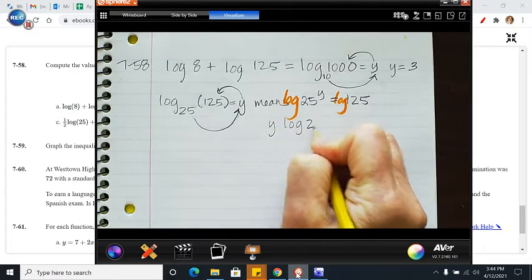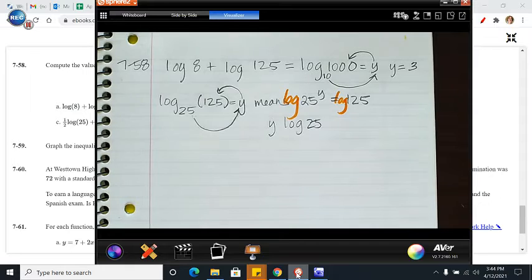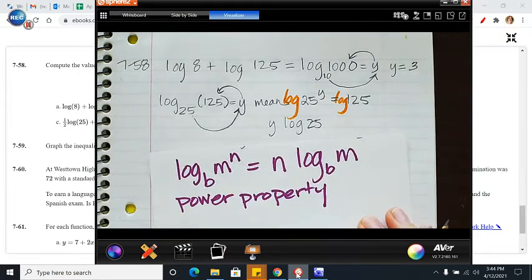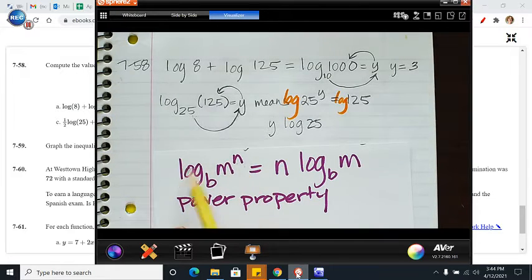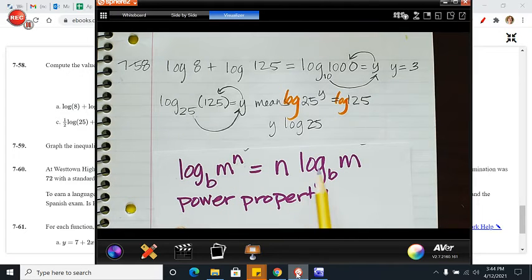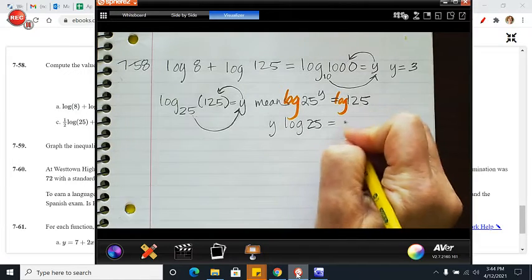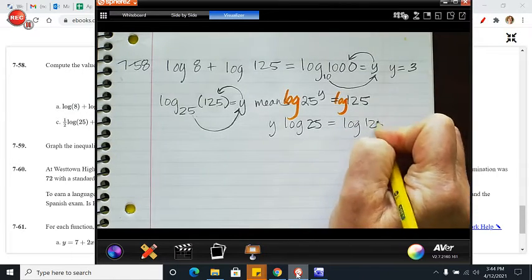y times log of 25, using the power property. If that exponent needs to be isolated, you can take the log of each side and bring that exponent down in front of the logarithm. So y log 25 equals log 125.